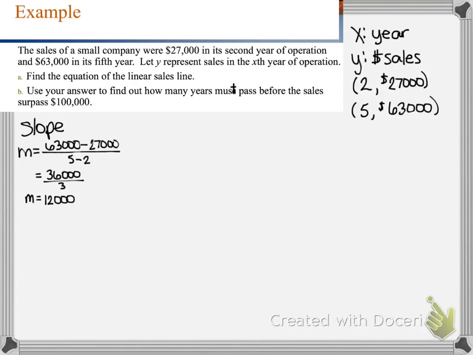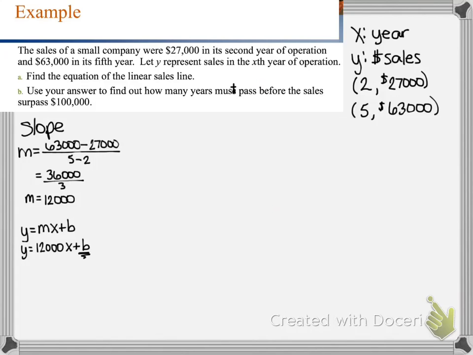Okay, from here I'm going to split off and show you two different ways you could find the equation. We've got the slope. We've got one part of that. At this point, we know y equals mx plus b, because we're looking for a straight line, and right now we know that m is 12,000. We don't know what this b is yet.